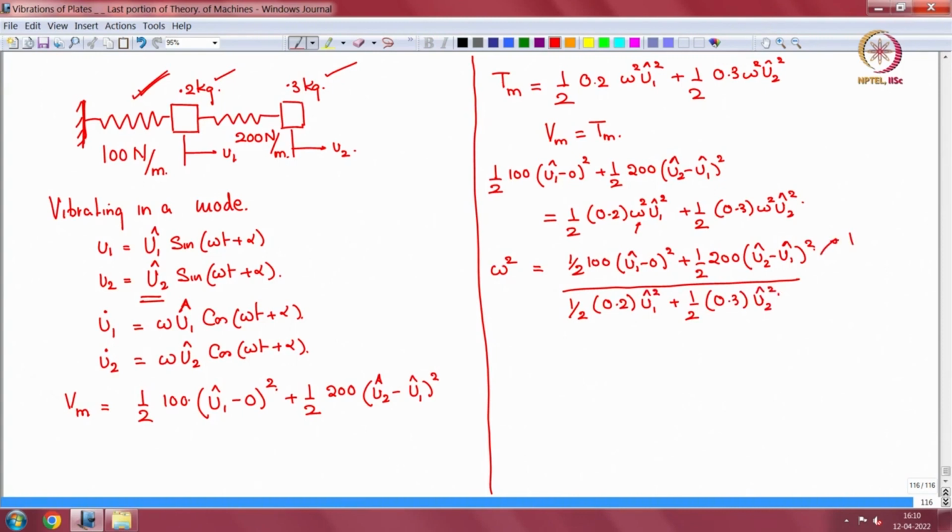This numerator we call the Vm, this denominator we call the psi m.